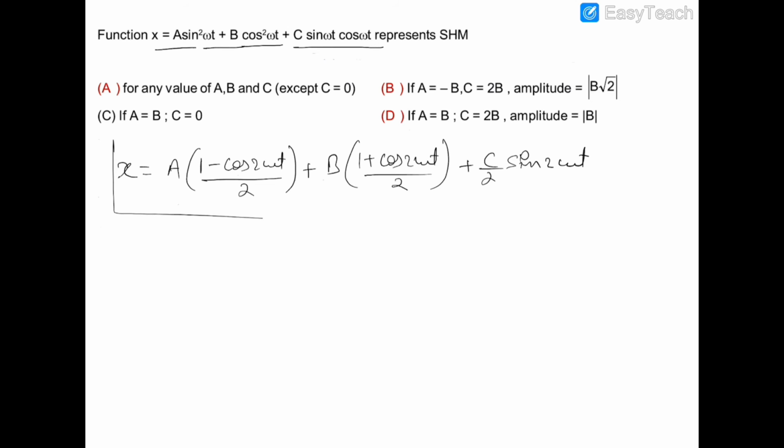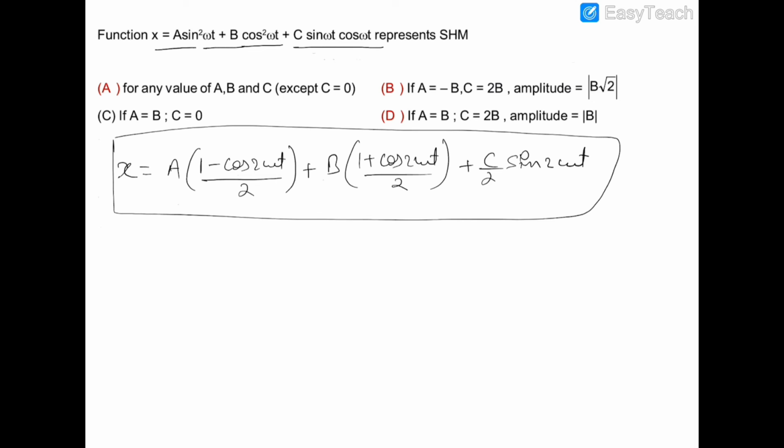So you can write this function as this one. So you can see that there are 3 functions: this is cos 2 omega t, this is cos 2 omega t, and this is sine 2 omega t. So there are 3 different SHMs which are combined together. So this combination is also a simple harmonic motion.